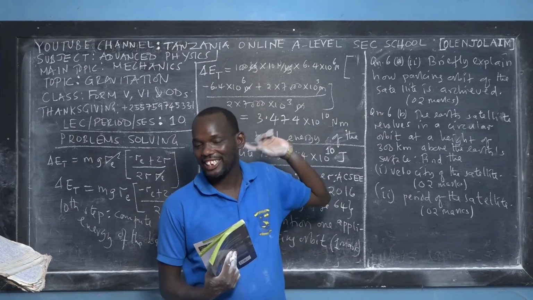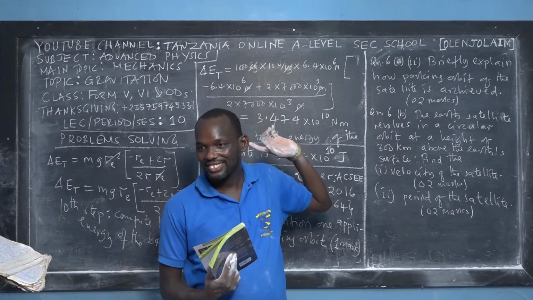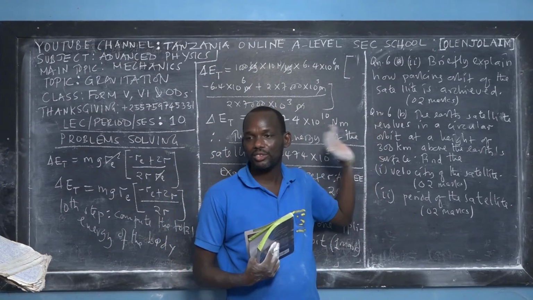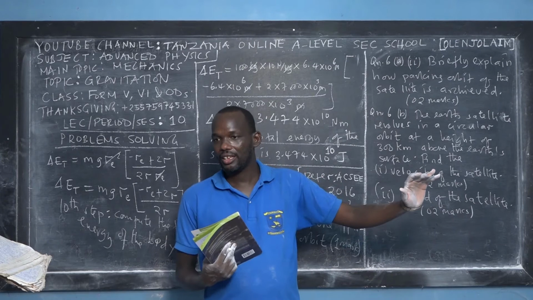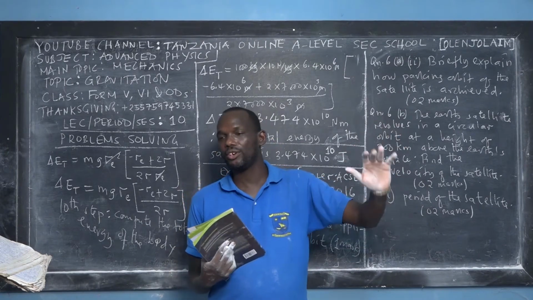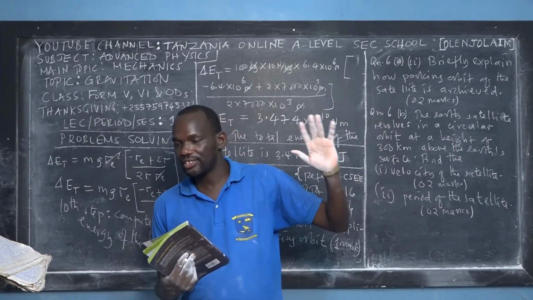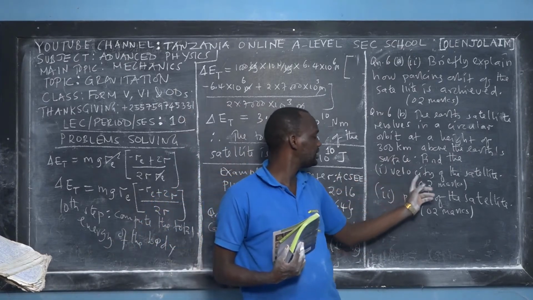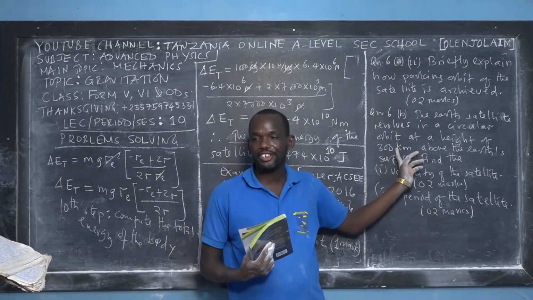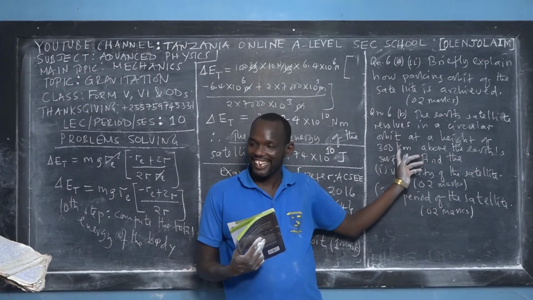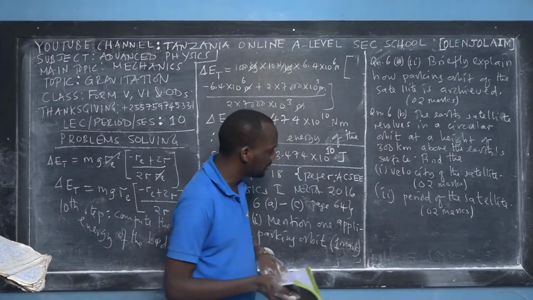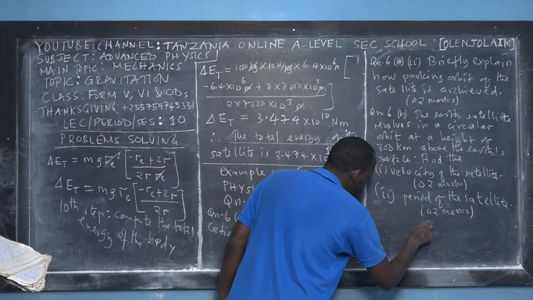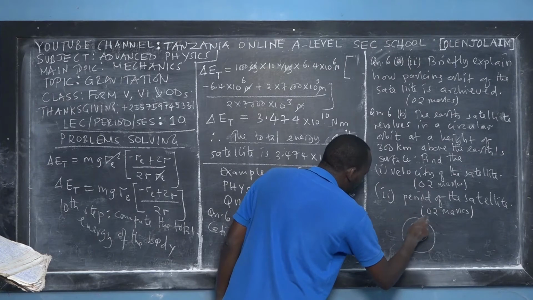It's not R like in the previous question, because that one was from the center, not above the surface. That's why it was 7,000 kilometers. 7,000 kilometers is greater than 6,400 kilometers, so this one is less than that; because it's less, this is the height above. Suppose this is the Earth's surface, and this is the orbit.